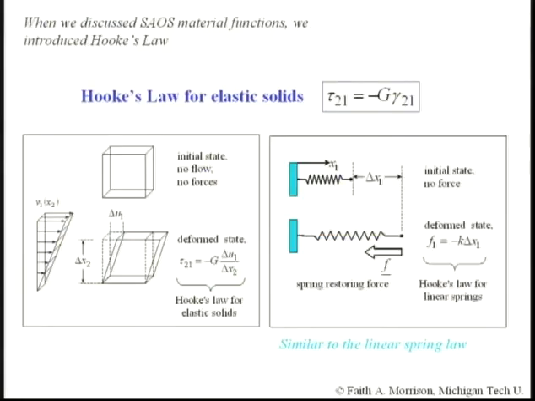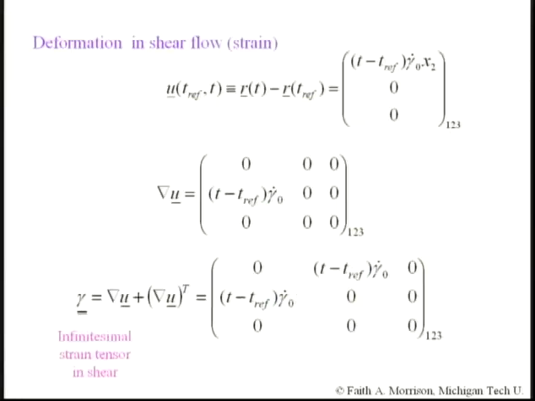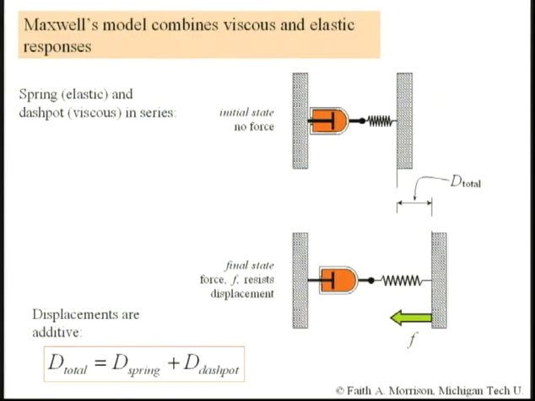And where does this come from? This comes from this picture of a spring and dashpot in series. And knowing that the spring acts like an elastic spring and the dashpot acts like a Newtonian liquid, we now need them to act in series.